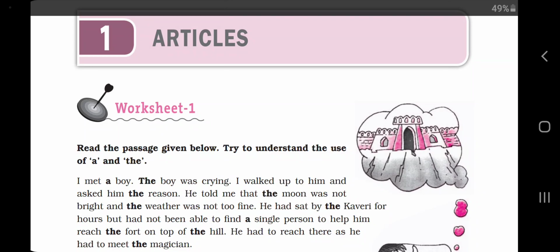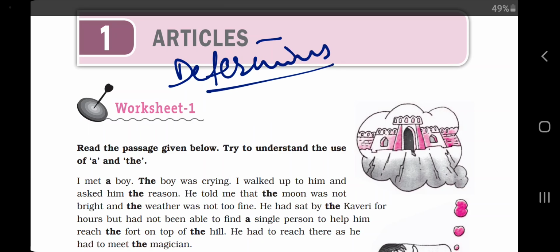The chapter's name is articles. And what are articles? Determiners. What is a determiner? It is used before a noun to specify whether it is particular or common. It can be definite or indefinite. Articles can be specific or non-specific.